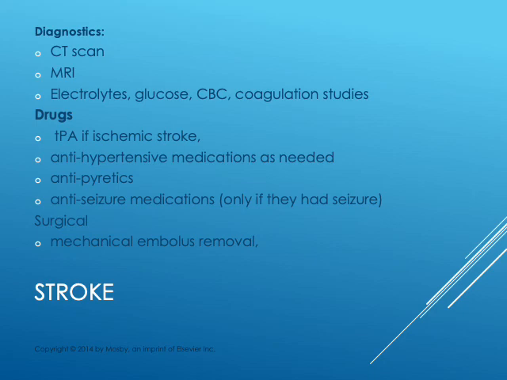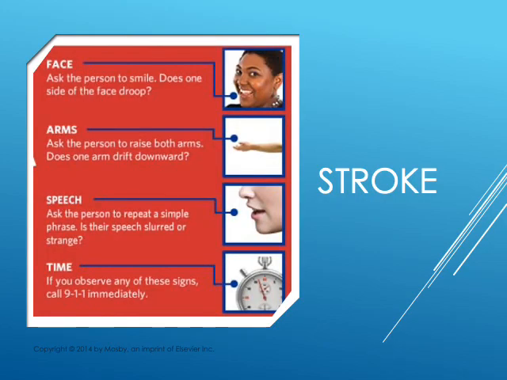On this particular slide, you should be able to find a link to a craniotomy if you're so inclined, and it's a YouTube video. You want to remember this: face, arms, speech, and time. This is an acronym for stroke.